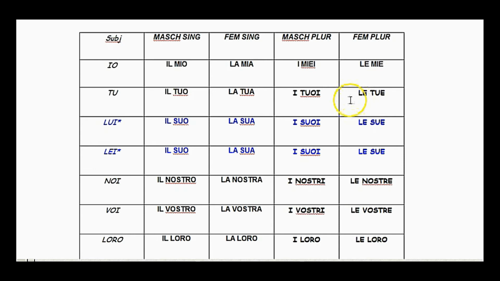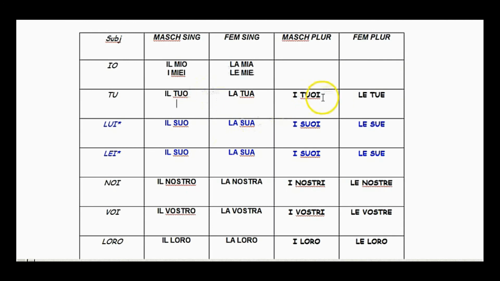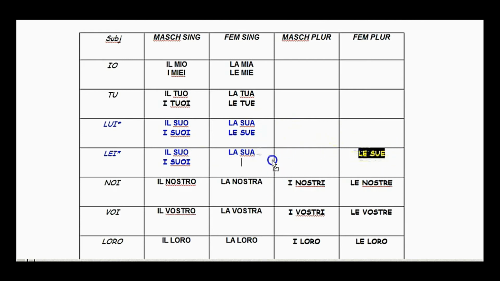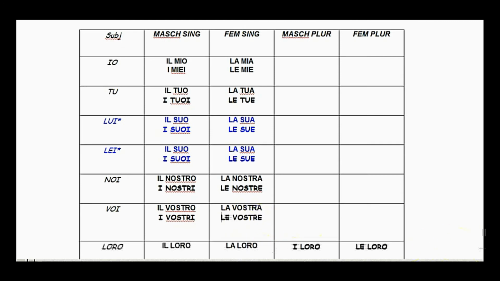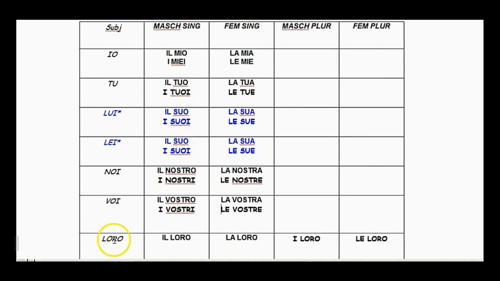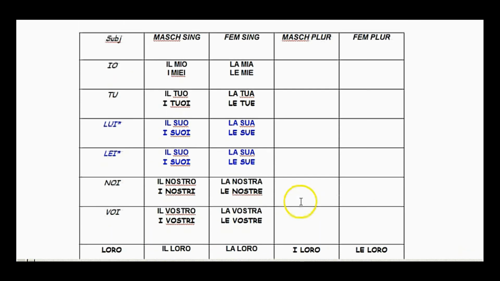However, depending on the way your mind is organized, you can also choose to study them in a different sequence. Here we have masculine singular, as you can see. If it is easier for you, you can take the plural form and place it right there. So you have the masculine, singular and plural, feminine, singular and plural, and so forth. It all depends on what makes it easier for you.